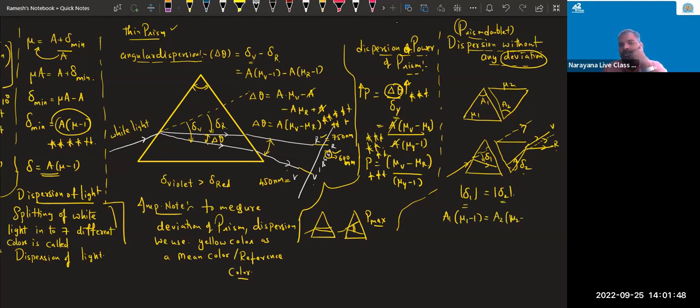A2 into mu2 minus 1. This is called the condition of, what is the name of this? Condition of dispersion without any deviation.